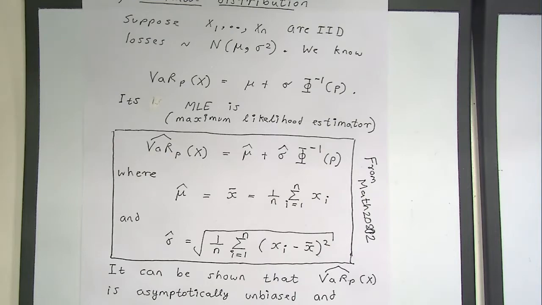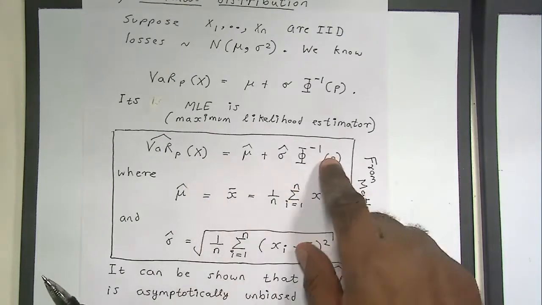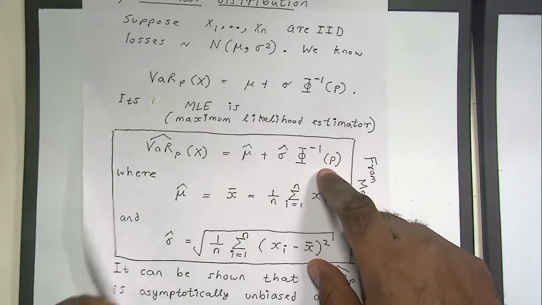Alright, so if you haven't taken that course, please make sure that you know how to do these things. But I'm not going to explain again because these are stuff I taught a long time ago, right? Okay. So this is the maximum likelihood estimator for VAR for the normal distribution, right?